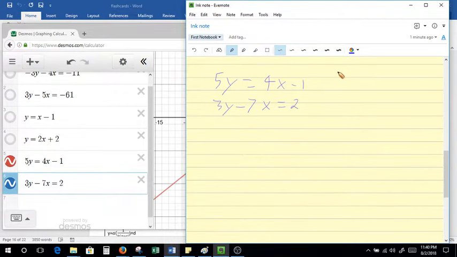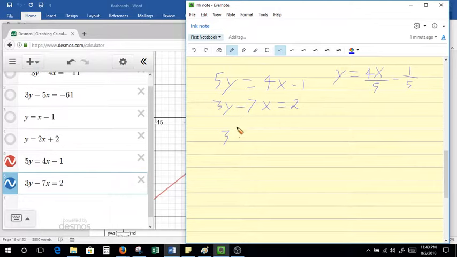So let's isolate y by dividing both sides by 5. 4x over 5 minus 1/5. I'm keeping them separate. You could obviously combine them since they have the same denominator. And then we're going to substitute in.